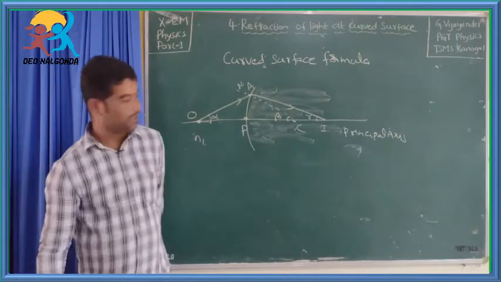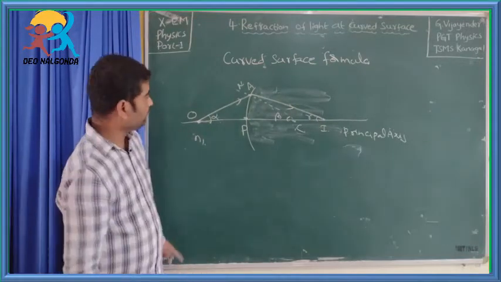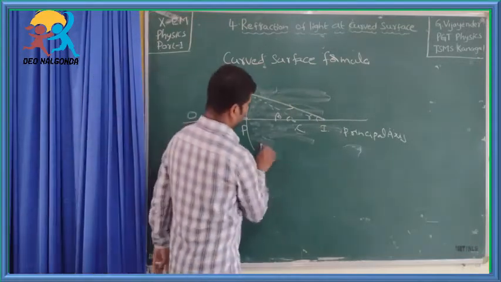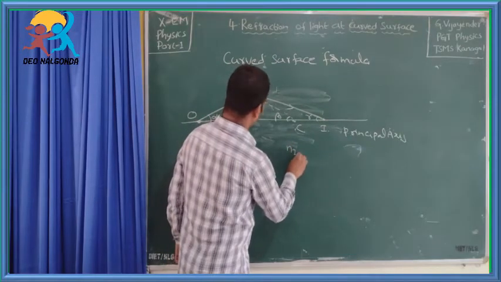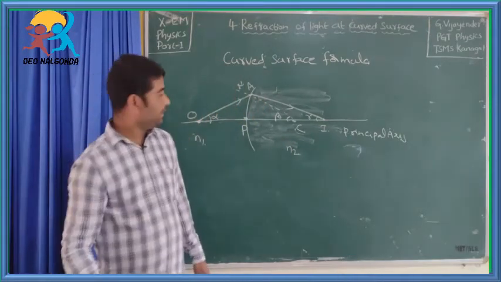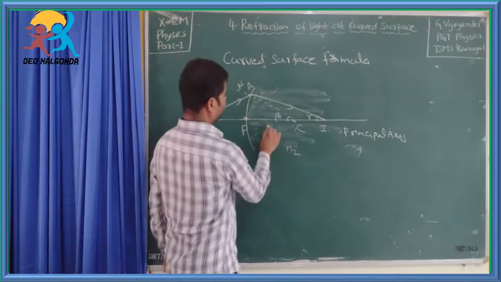Alpha, beta, gamma are the angles, and the refractive index of this second media is n2, and the radius of curvature of this curved surface is R.